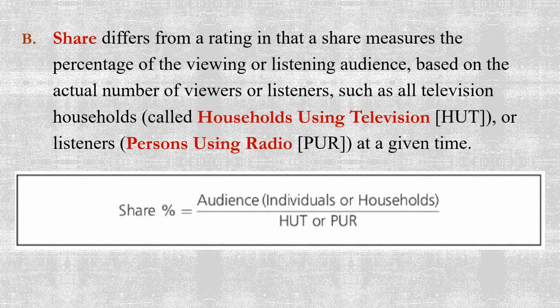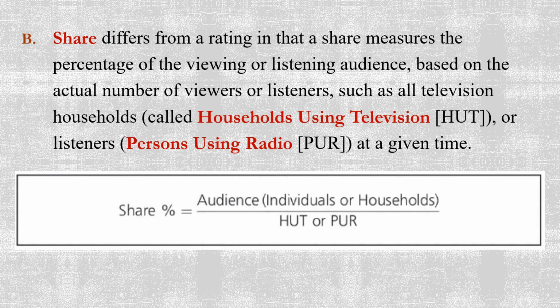Meanwhile, share is different in that it's measuring the same number of people overall, but it's measuring it based on the actual number of viewers or listeners. So instead of looking at the entire population of the Raleigh market, for example, you're going to be measuring against the population of the Raleigh market that is actually watching television or is actually listening to the radio.